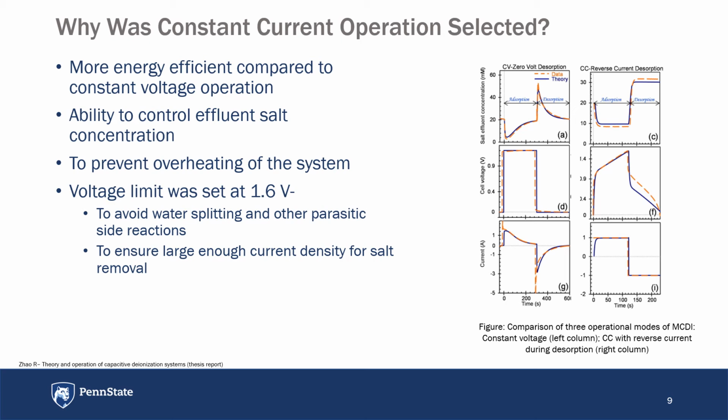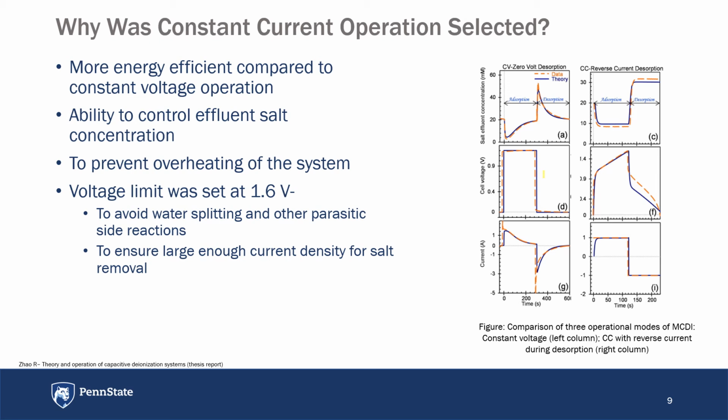Constant current mode is more energy efficient compared to constant voltage operation, and also from the graph we can see that we get a more constant effluent concentration from the constant current mode rather than from constant voltage operation. Also, if we operate our MCDI system at a constant voltage mode, then excessive current can flow through the system, and as a result it will cause overheating of the system.